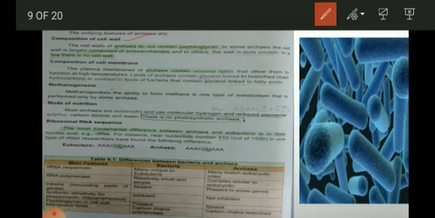The cell walls of archaea do not contain peptidoglycan, as we know that bacterial cell walls contain peptidoglycan. In some archaea, the cell wall is composed of polysaccharides like carbohydrates, in others it is made of pure proteins, and a few of them don't have a cell wall.